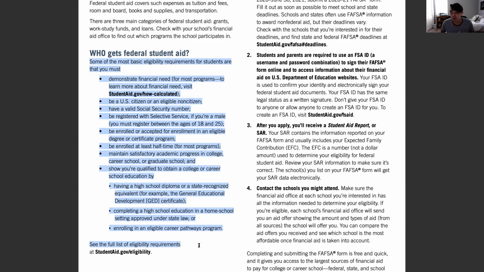That's going to determine your grants, your loans, and your work study. Show how you are qualified to obtain a college or career education. That's talking about having a high school diploma, GED, completed high school education, or homeschool, whatever it might be. They're going to have to verify that.